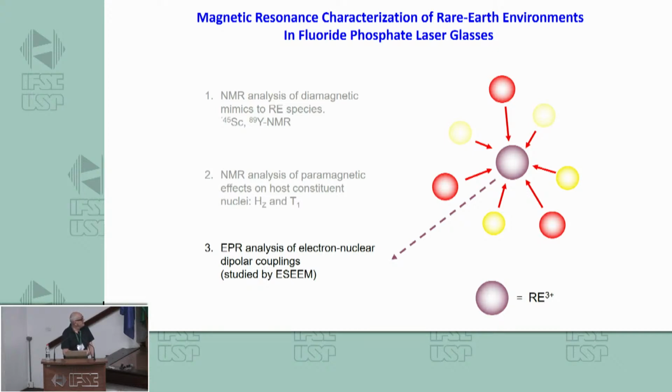The signal of this ytterbium 3+ is the one we have used most. This spin echo will be affected by the Zeeman interaction, by the hyperfine interaction with nuclei that are close to this unpaired electron species.